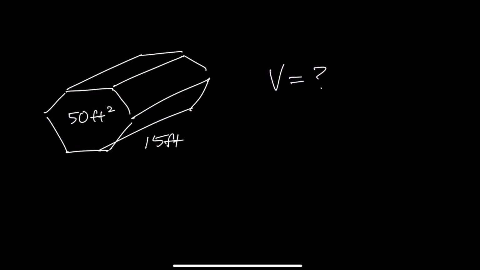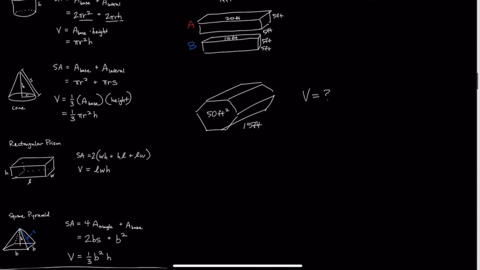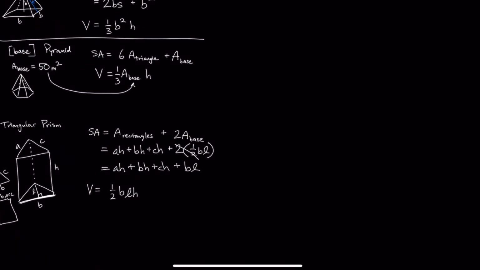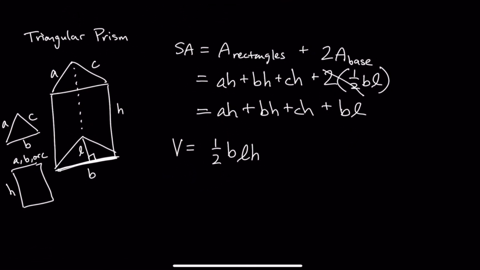You might notice that we didn't give a volume formula for a hexagonal prism earlier, but if we apply the logic of our triangular prism, we can see that 1/2 BL is the area of the base, or the area of the triangles.